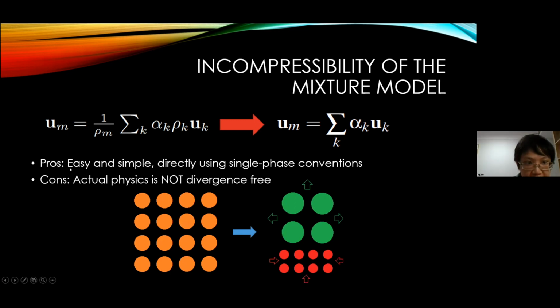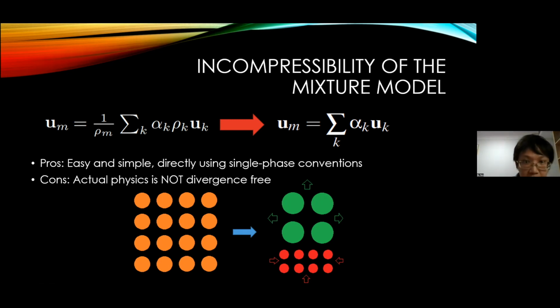The advantage is that it is easy and simple, and directly uses single phase conventions of incompressibility handling. But the drawback is that this assumption is not very physical when we use constant mass SPH.